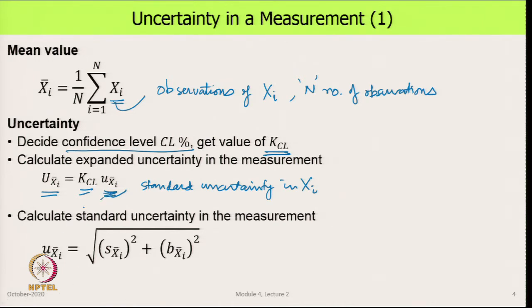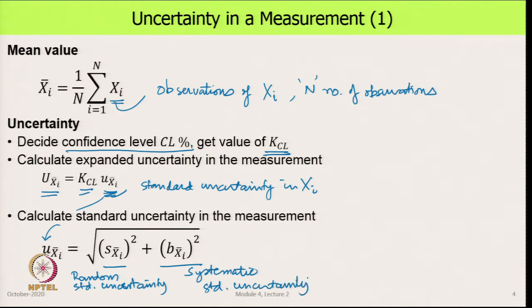So, for that we come here, which is the square root of the sum of two parameters. These are the random standard uncertainty and this is the systematic standard uncertainty.